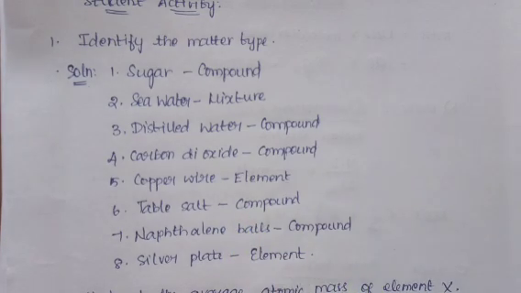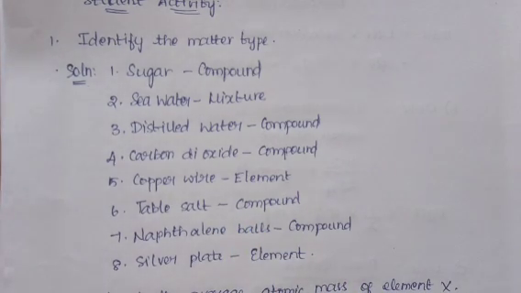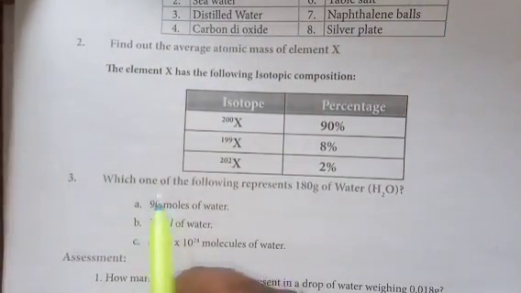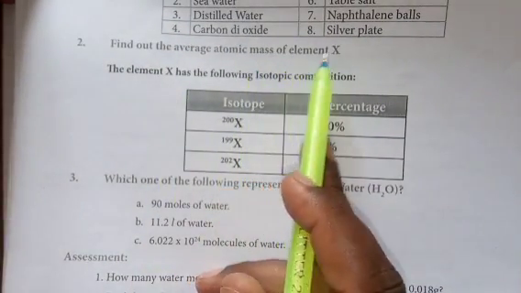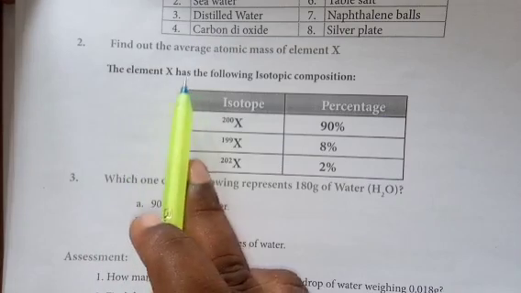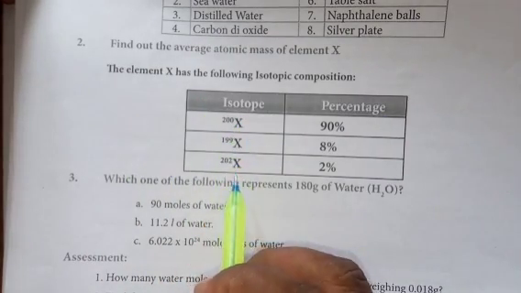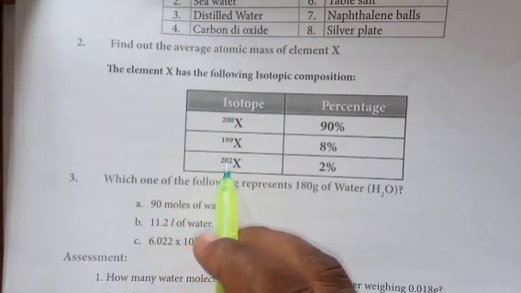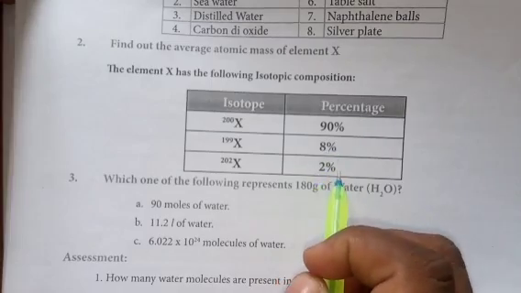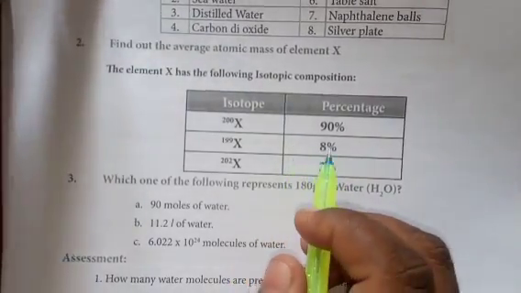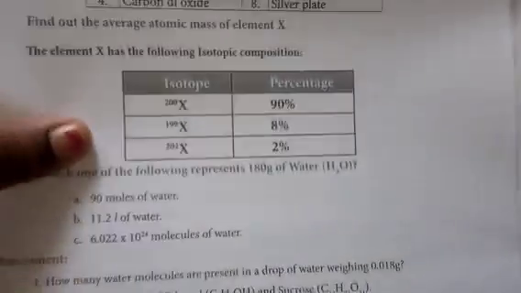So this is the answer for the first question. Next, the second one. Find the average atomic mass of element X. They have given the isotopes of X as 200, 198, 202, with 90%, 8%, 2%. How can we do this?